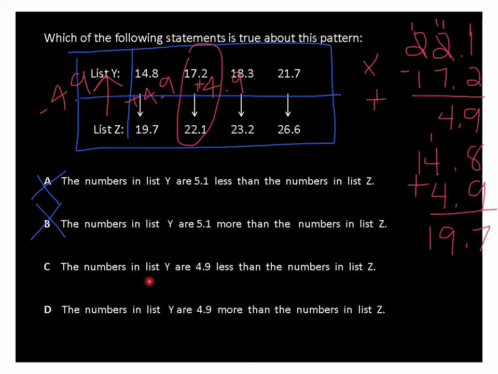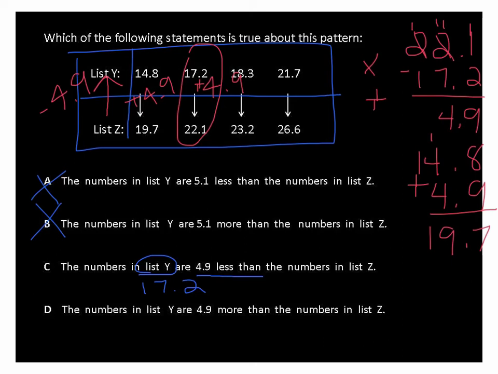The numbers in list Y, and to test this out, let's go ahead and use our second set of numbers. So list Y would be 17 and 2/10. That's the number that will represent list Y. Are 4 and 9/10 less than the numbers in list Z.